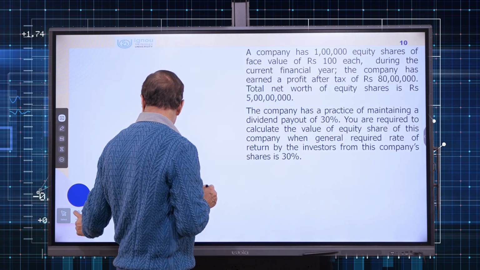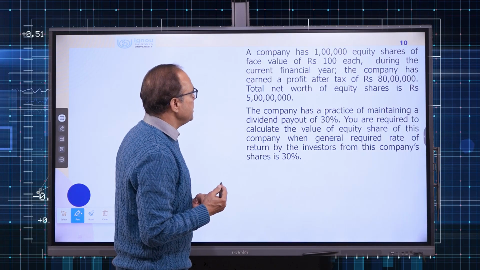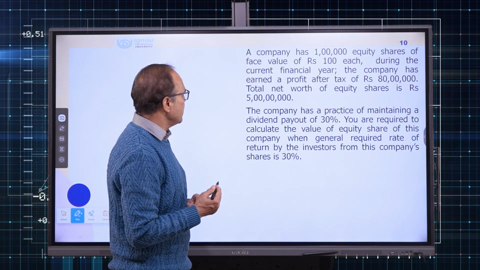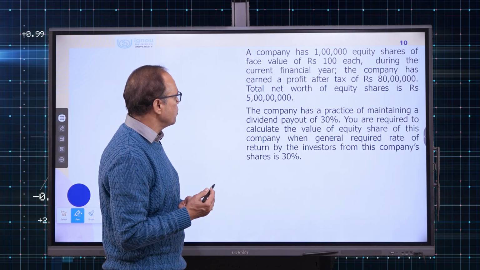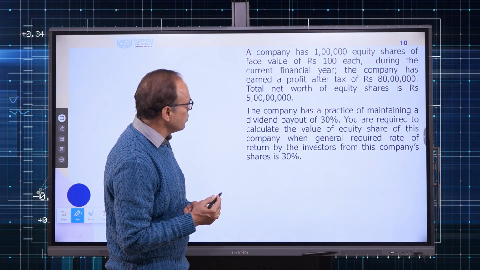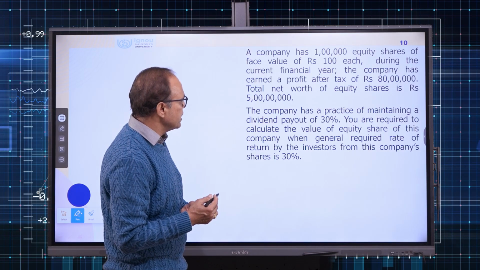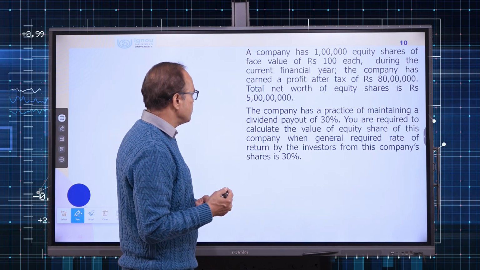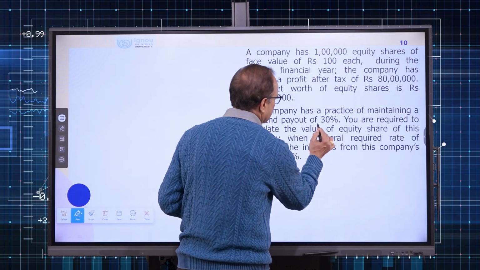Now, we have one more numerical with us. A company has 1 lakh equity shares of face value 100 each. During the current financial year, the company has earned a profit after tax of 80 lakh rupees. Total net worth of the equity shares is 5 crore rupees. The company has a practice of maintaining a dividend payout ratio of 30%.